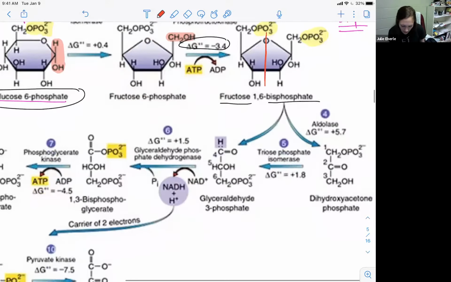One is known as dihydroxyacetone phosphate, DHAP. That's the abbreviation for that. And the other is glyceraldehyde 3-phosphate, which is the one we're more interested in. Glyceraldehyde 3-phosphate feeds on into the next cycle, okay?